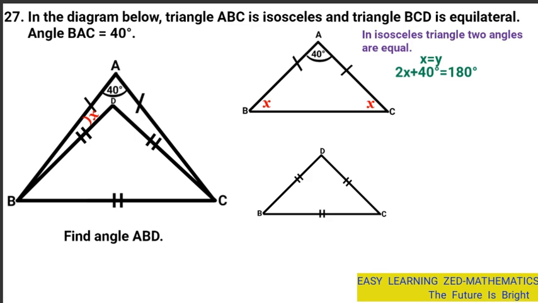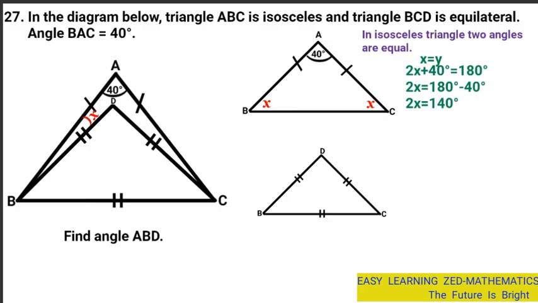The next step is to put like terms together, so 2x is equal to 180 degrees minus 40 degrees. Then we find the difference of 180 degrees and 40 degrees. When we subtract 40 degrees from 180 degrees, we get 140 degrees.